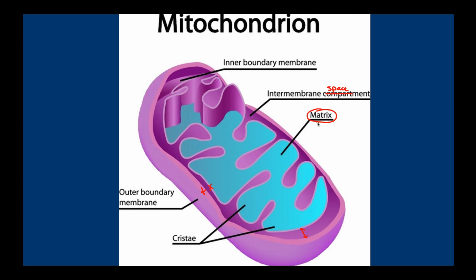Okay, and the matrix, the best way to describe it is just a chemical soup of enzymes and ions and water, and this is where pyruvate oxidation occurs. It's also the location where the Krebs cycle occurs. So all the enzymes of the Krebs cycle are present in the mitochondrial matrix.